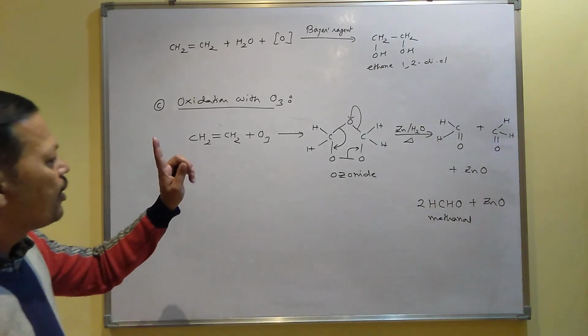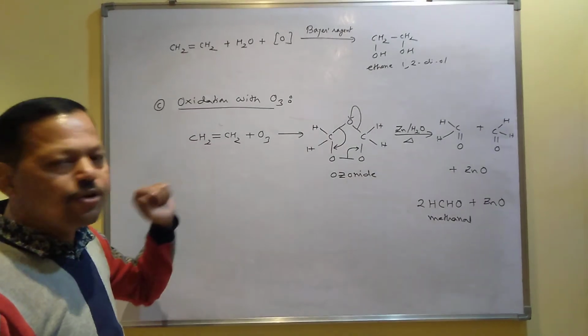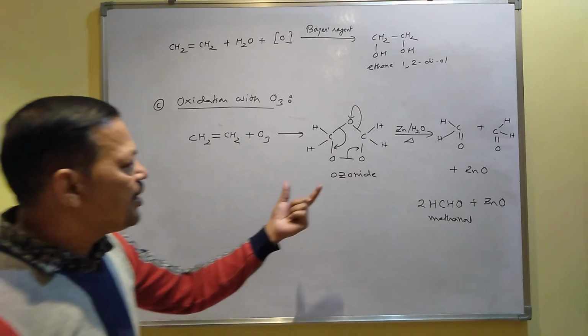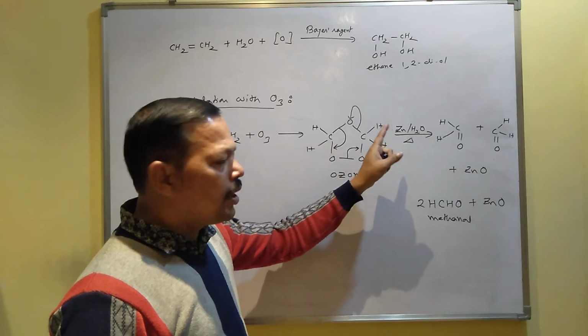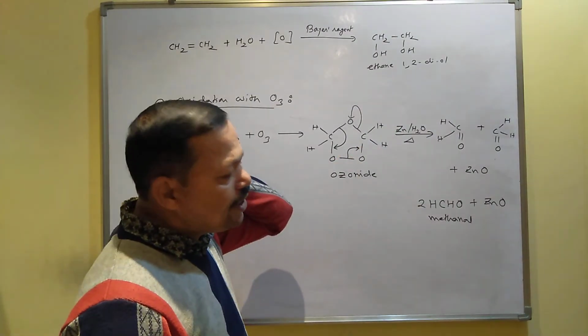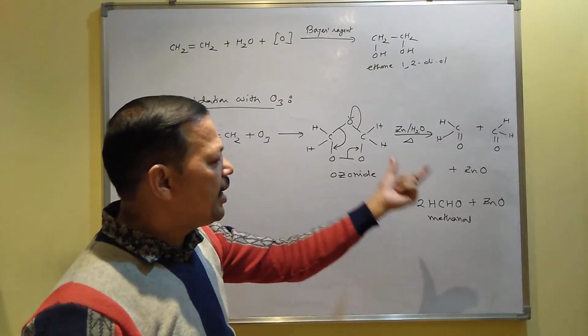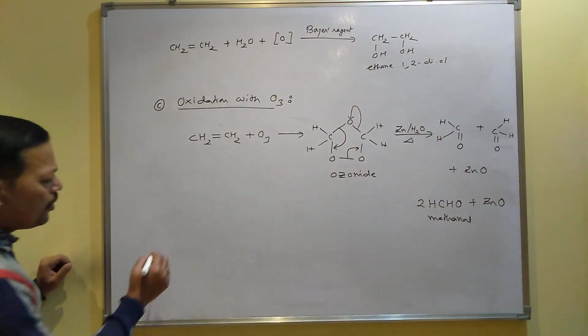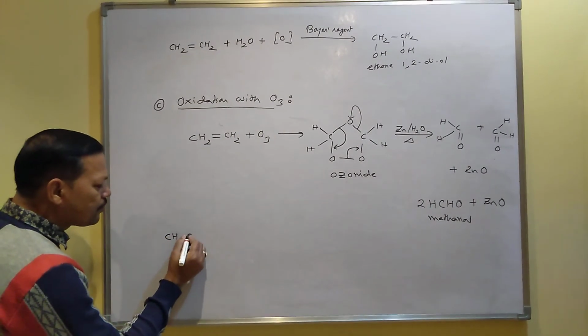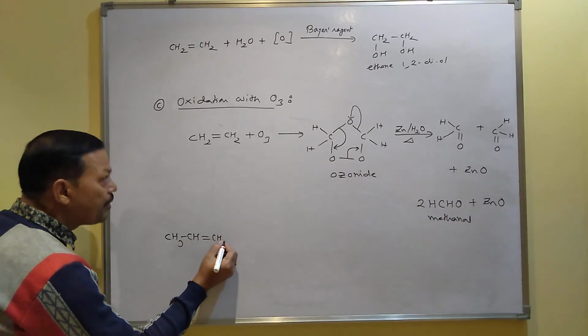So when an alkene is added with ozone, it produces a cyclic compound like an ozonide, and when this ozonide is added with zinc and water, it will convert to aldehydes in this way. Similarly, this is another alkene which is called propene.